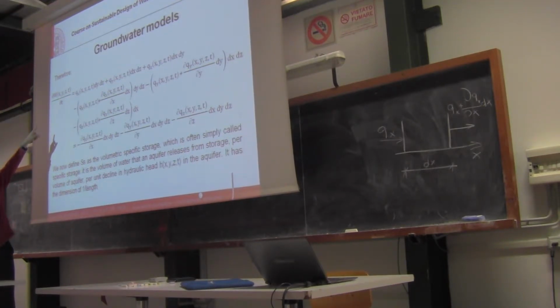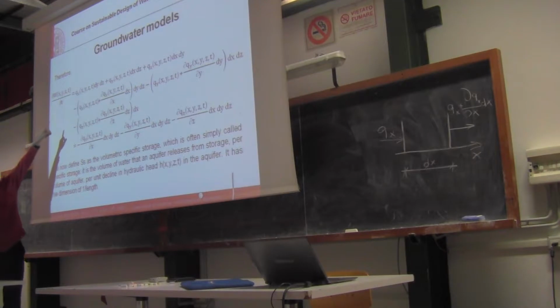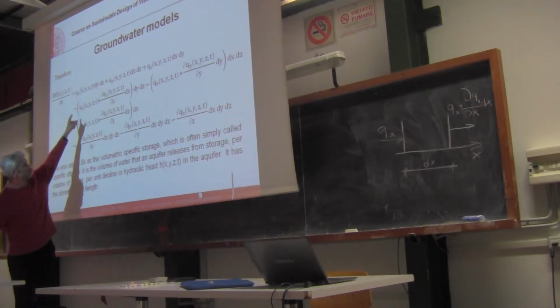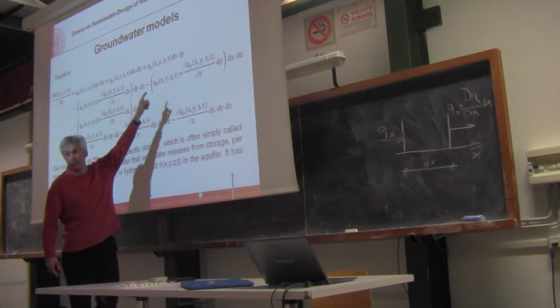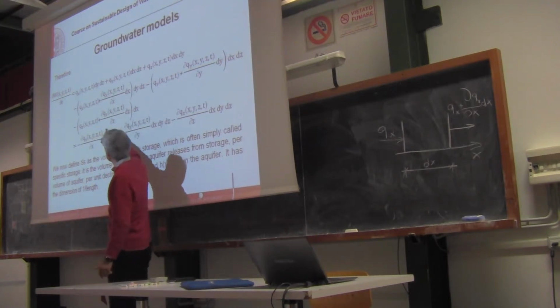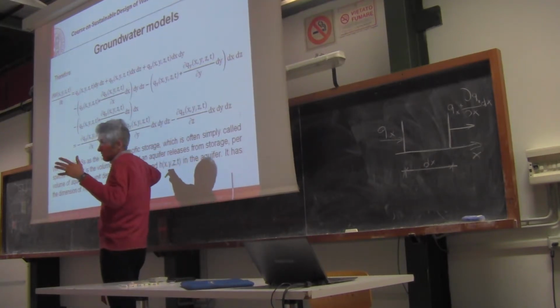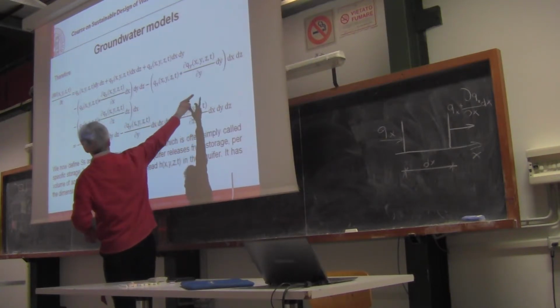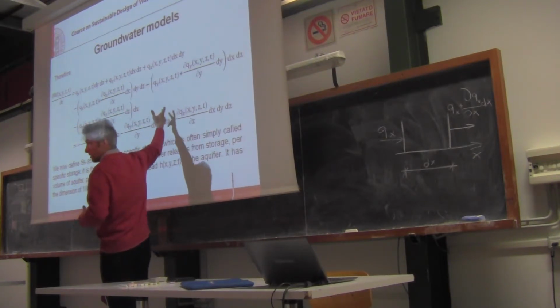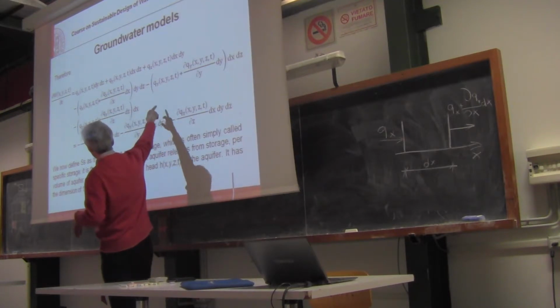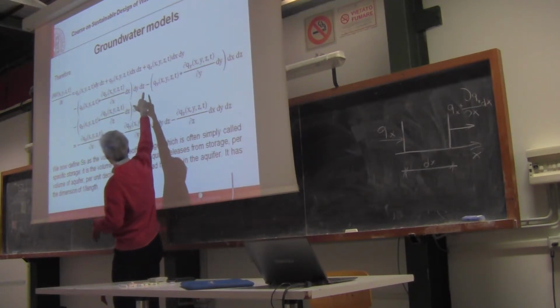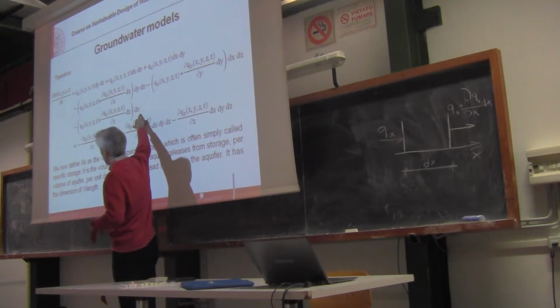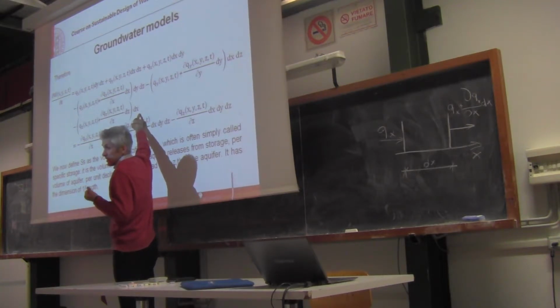Change of volume in time is given by q in minus q out. Q in is given by the sum of the three terms that you see on the first line. Q out is more complicated because, as you remember from the previous slide, it's given by the sum of the three components that you see in the second or third line here, with the minus, because I am subtracting.